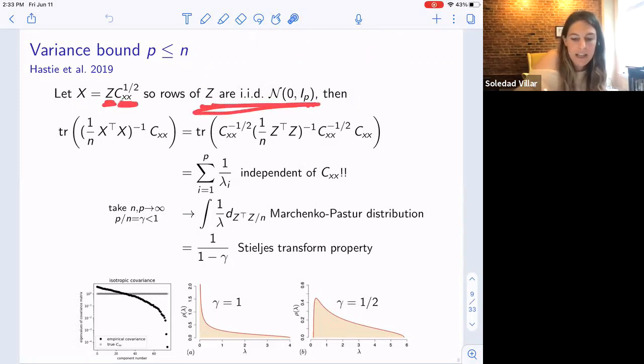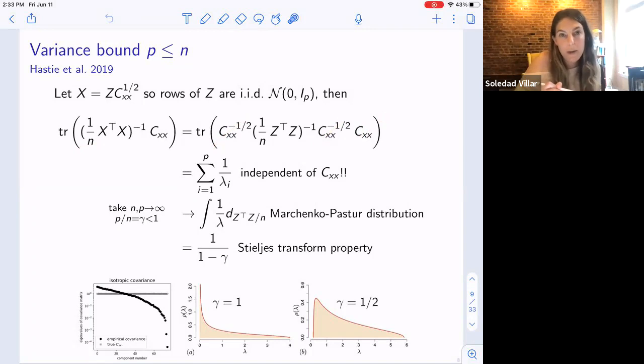If you do the computation of the variance with this change of variable and use the cyclic property of the trace, you can cancel out the covariance matrix. So the variance of the estimator will only depend on the empirical eigenvalues of the standard Gaussian, which is known to satisfy the Marchenko-Pastur distribution.